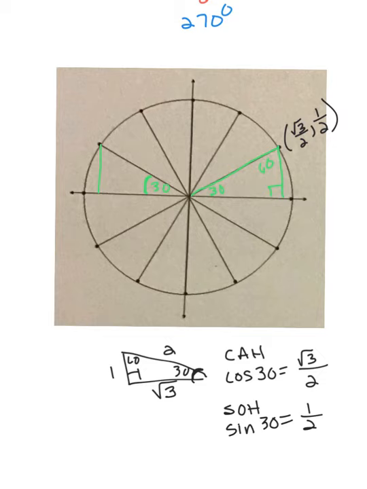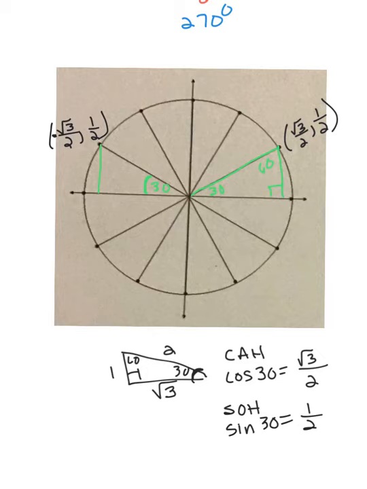The cosine is the x-coordinate, and we said that cosine for 30 degrees was the square root of 3 over 2. The sine is the y-coordinate, and we said the sine is 1/2. But remember, when you are in the second quadrant, your x-coordinate must be negative. So the cosine is negative square root of 3 over 2.